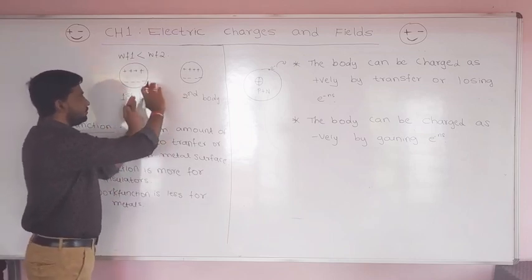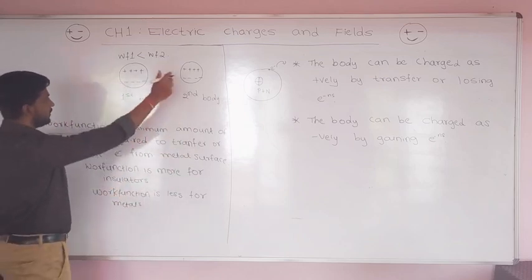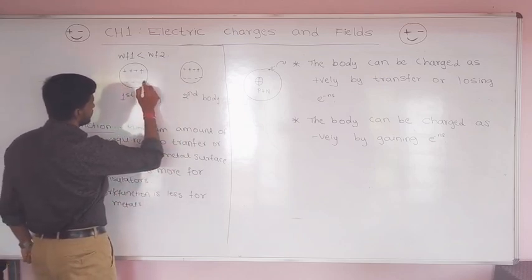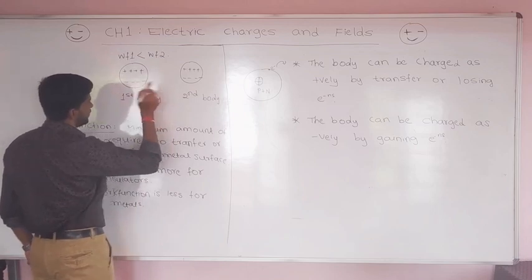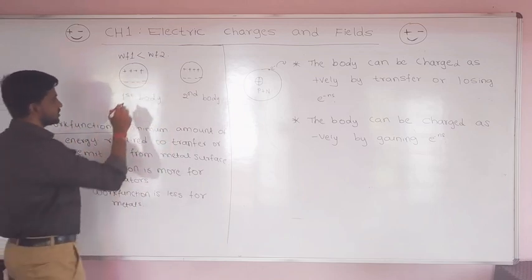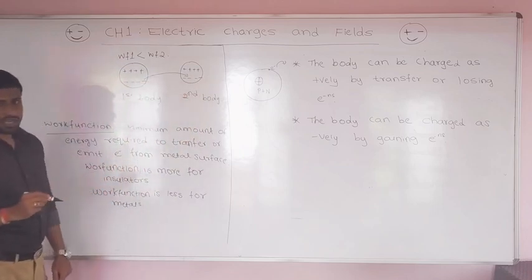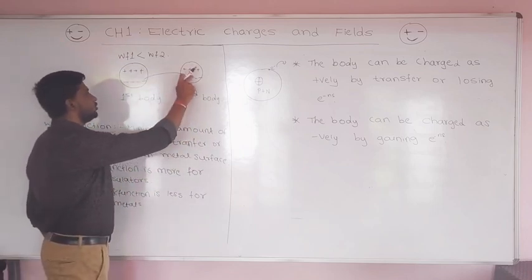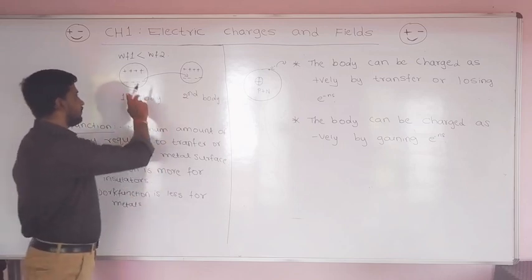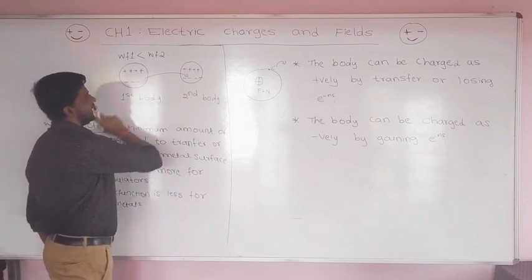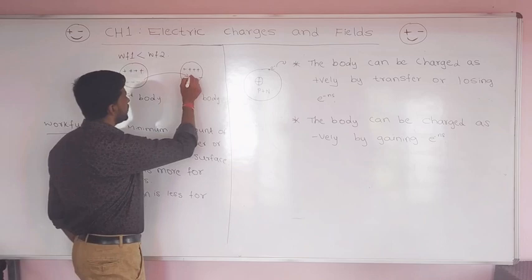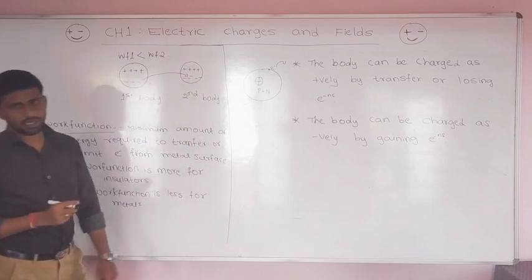If I rub these two bodies, after rubbing the electrons of the first body will transfer to the second body. Because of this transfer, the first body loses one electron and the second body acquires one extra electron.